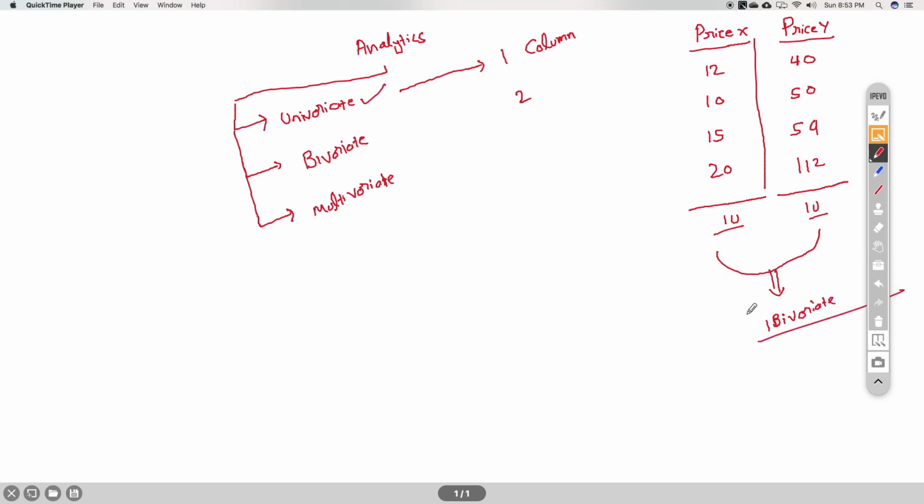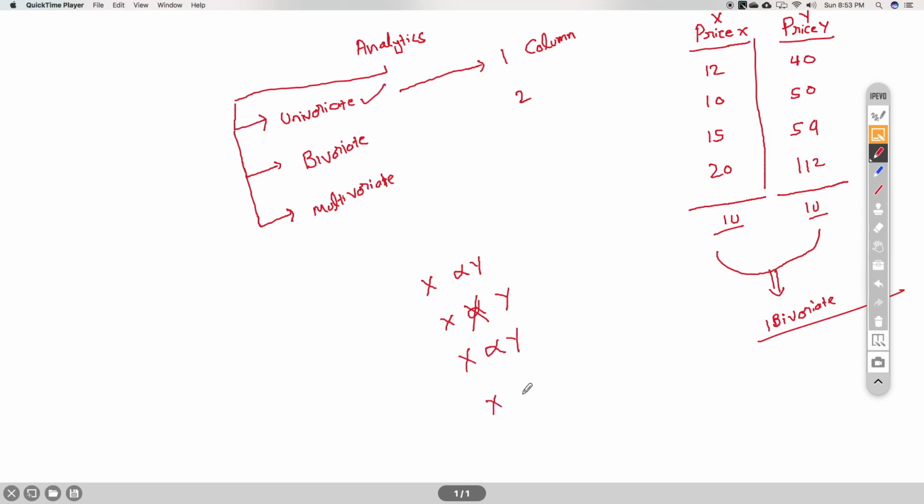Now what is this bivariate analytics? If I consider this as X and this as Y, I want to find out the relationship of X and Y. X and Y may have no relationship, or they can have some relationship.